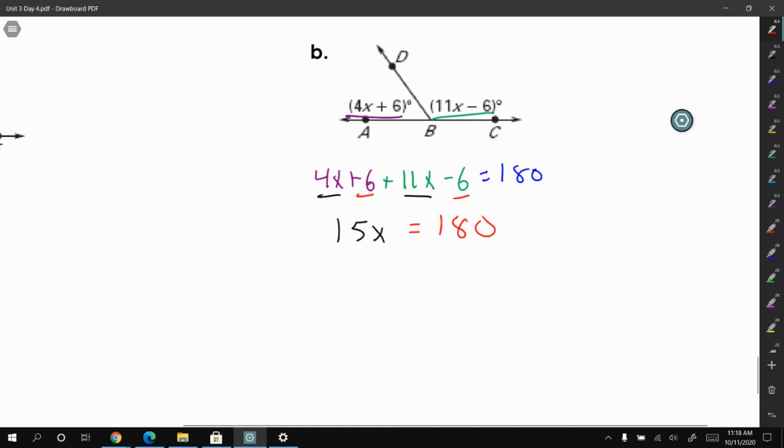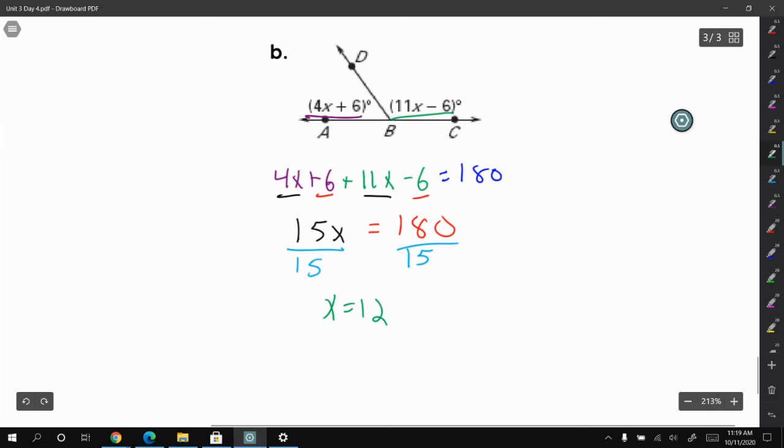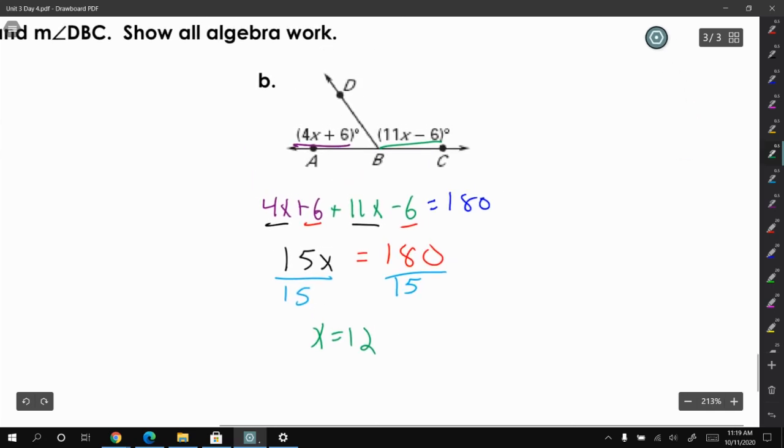So then we'll do 180 divided by 15. So we divide both sides by 15, and we get 12. So x equals 12. So now we need to plug that back into our angles.